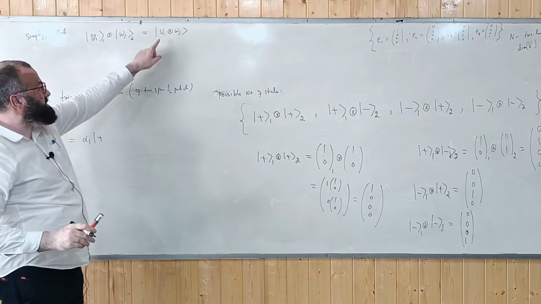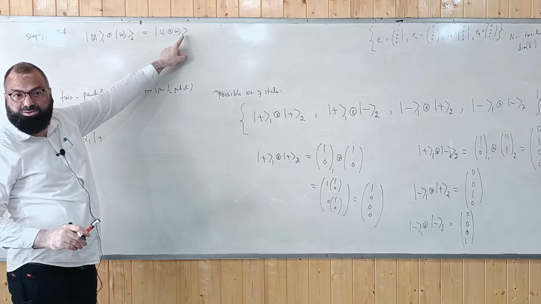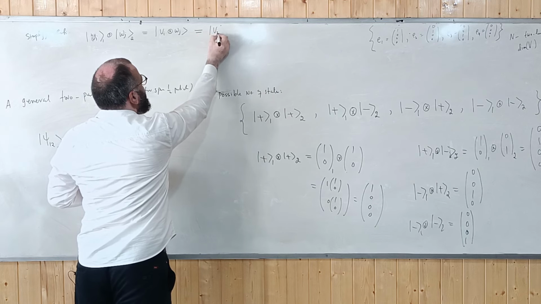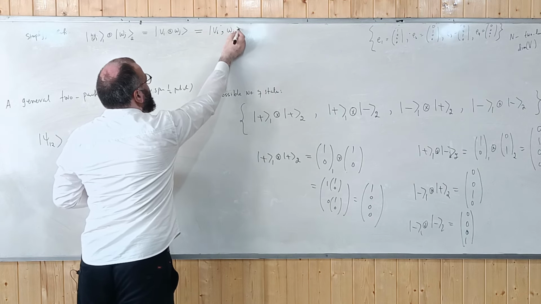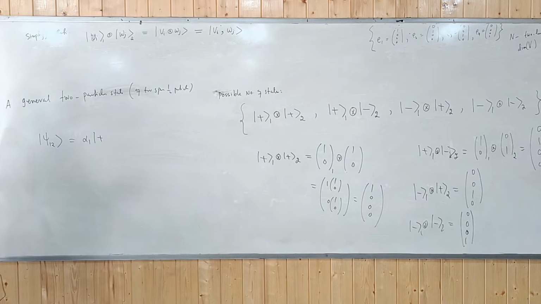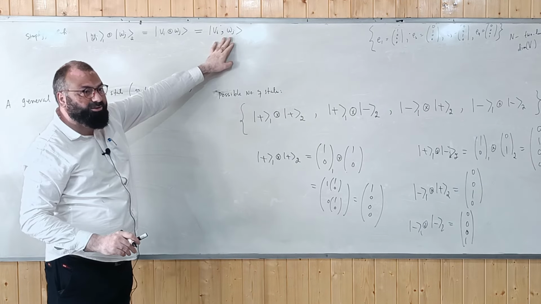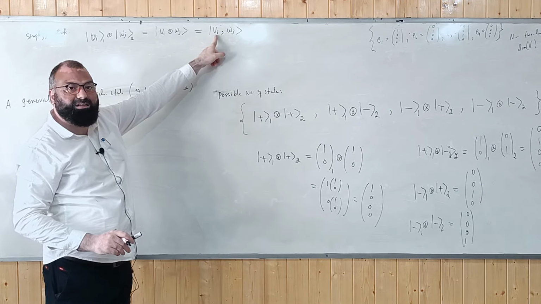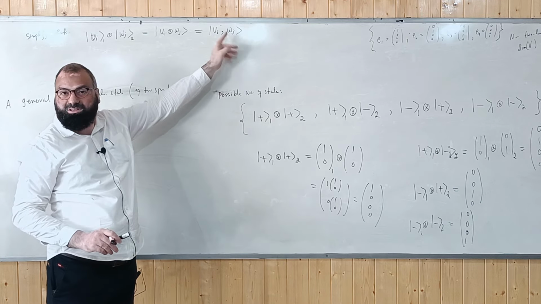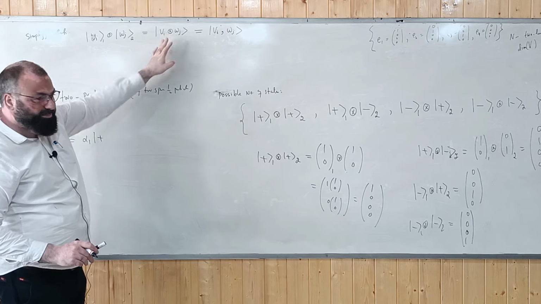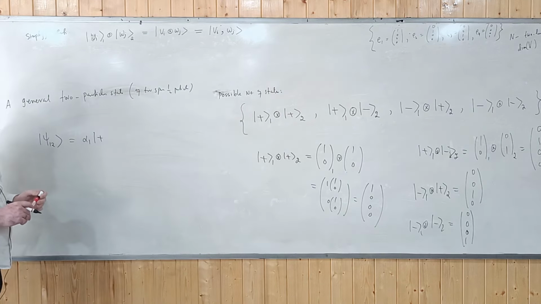It is understood that the first belongs to particle 1 and the second belongs to particle 2. So you can compactify it like this: Vi comma Wj, to remove this tensor notation. Got it? So it means it's a two particle state, with Vi belonging to the state of particle 1 and Wj belonging to the state of particle 2. Clear? We remove this tensor because we will have large numbers of these tensors here.